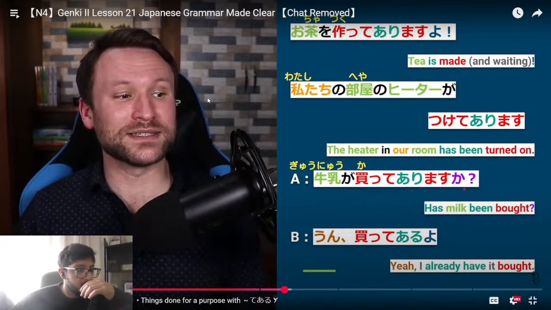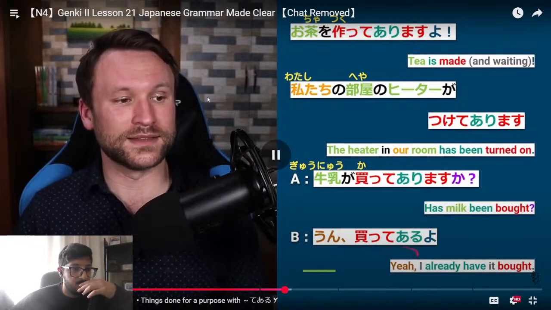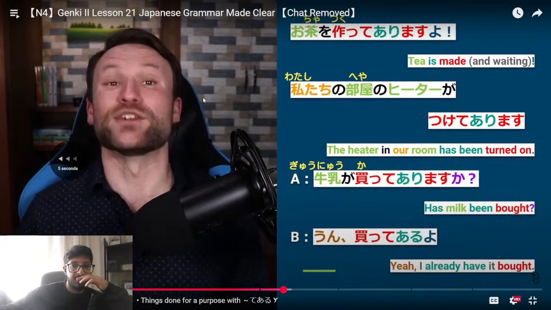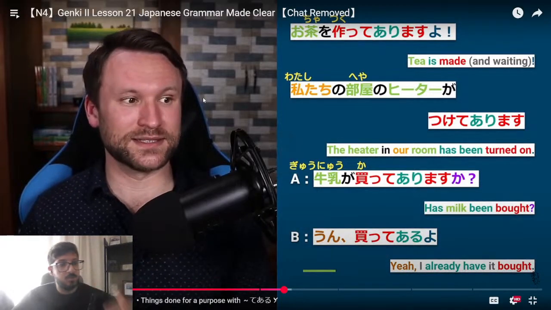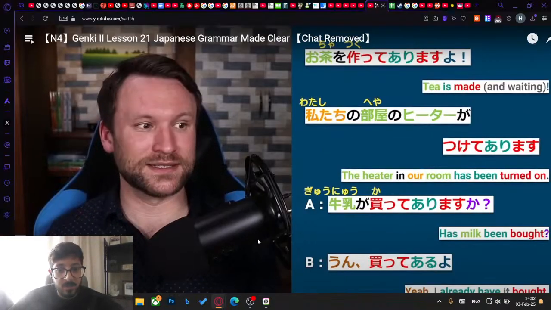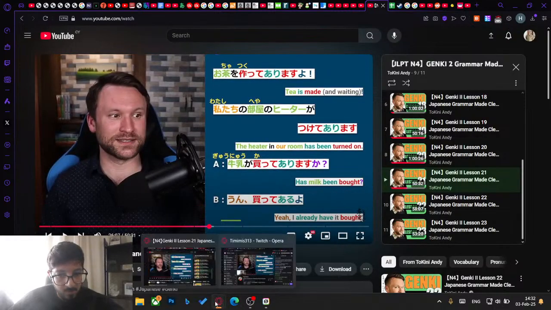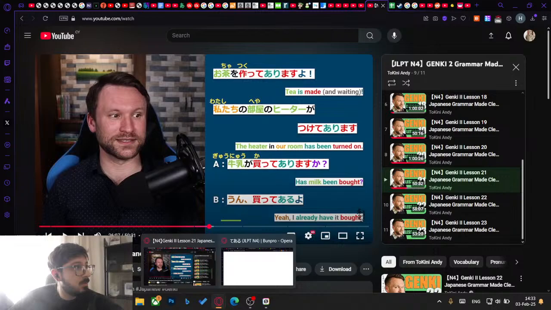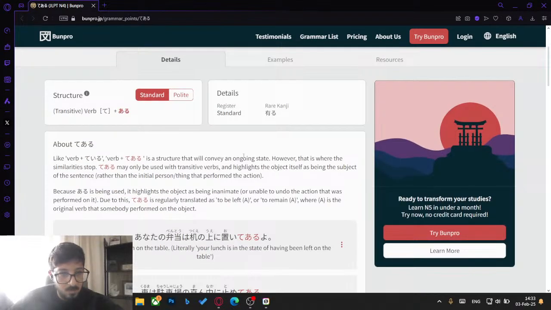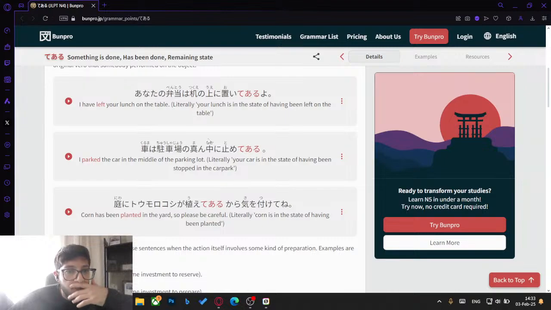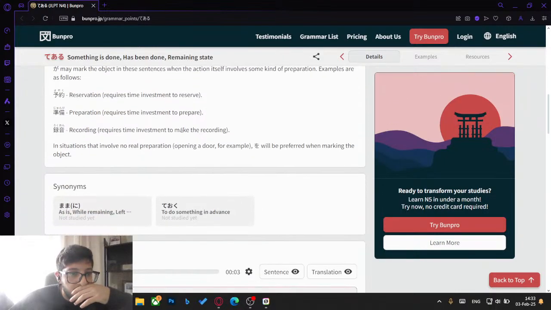I have to look it up again. The heater is on. To be sure, okay. Wait, something about what Benzerka said about ga. I think I read something about ga here.